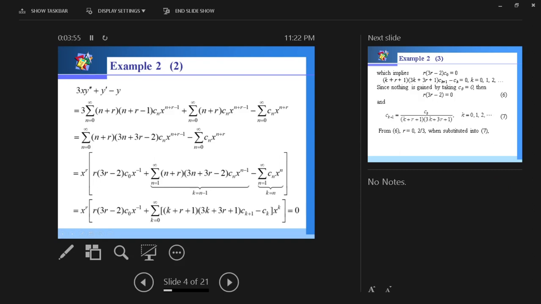Then plus summation k = 0 to infinity of [(k+r+1)(3k+3r+1) c_(k+1) - c_k] x^k is equal to 0.